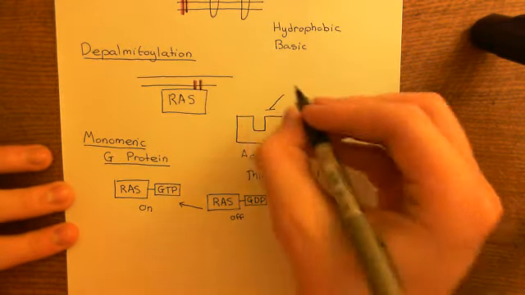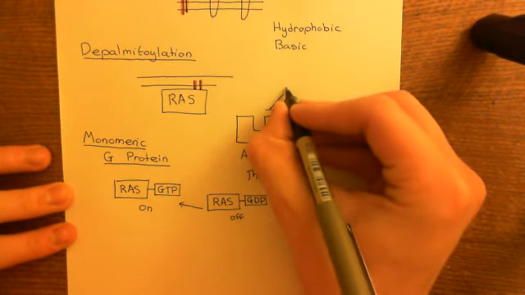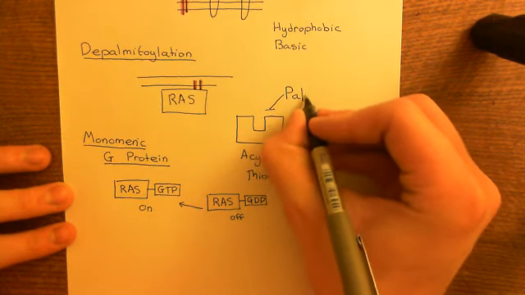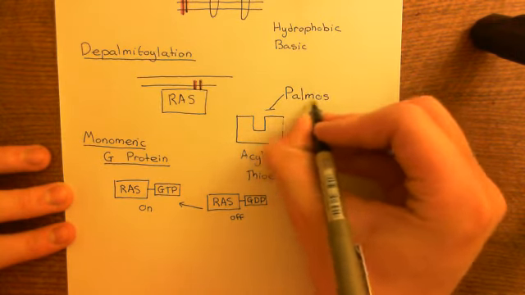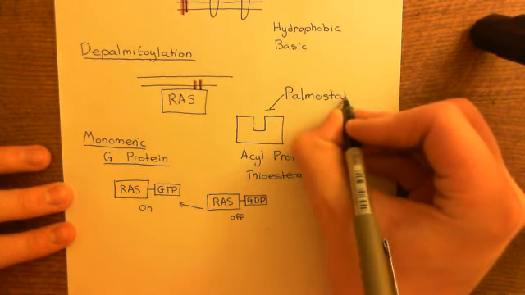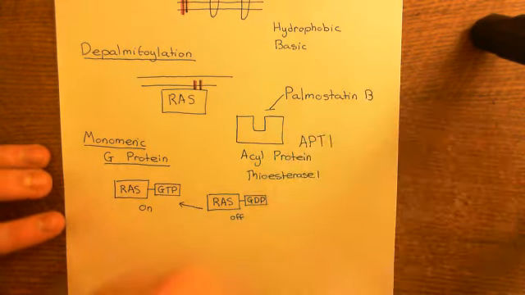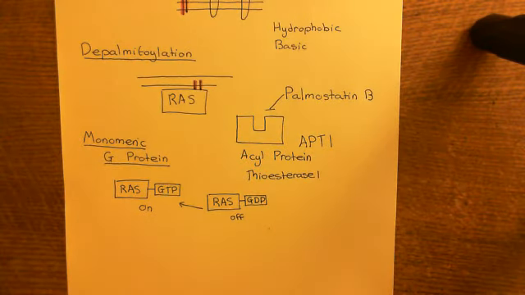But there is a pharmacological blocker of this, known as palmostatin B. This is palmo for palmitic acid, and statin for keeping it static, so stopping the palmitic acid cycle of being added on and cleaved off, added on and cleaved off. So that's a pharmacological agent that can be used to block acyl protein thioesterase 1.